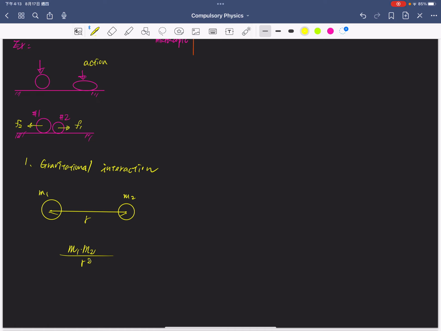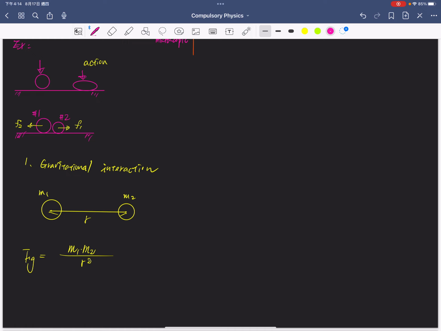We find that the longer the distance, the smaller the magnitude of the force or the action. So finally we get the formula: Fg is equal to G m1 m2 over r squared.